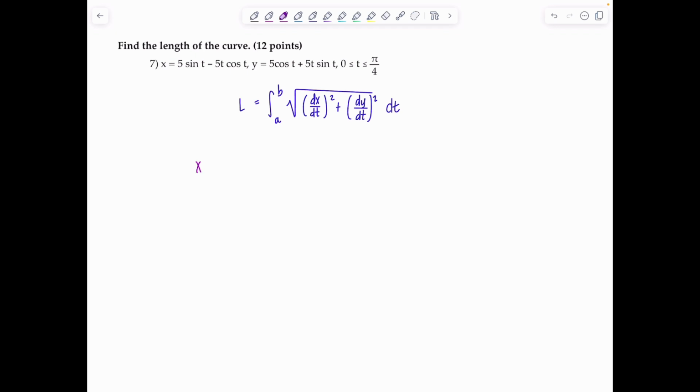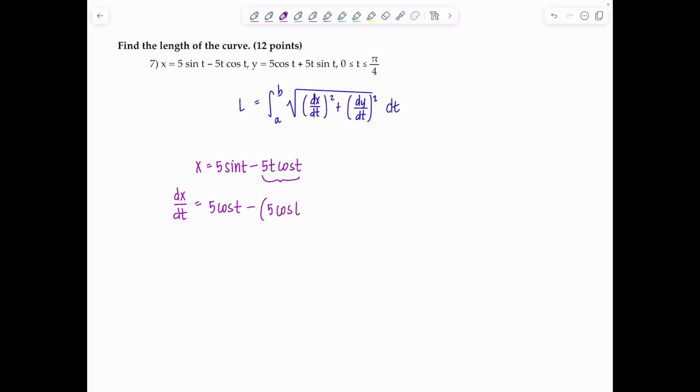dx/dt. So x is 5 sine t minus 5t cosine t. So let's see what we got here. Derivative of 5 sine t, that would be 5 cosine t. I'm noticing I got to do product rule here. So let me put minus and put some parentheses. Especially during a test, don't try to skip too many steps in your head. That's when things get dangerous. Derivative of 5t is 5.